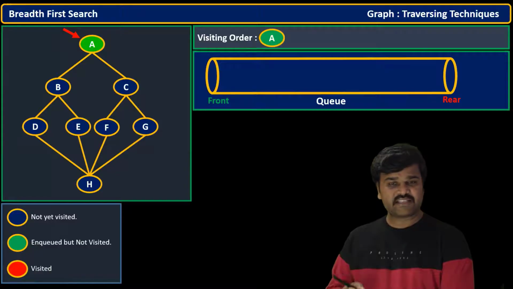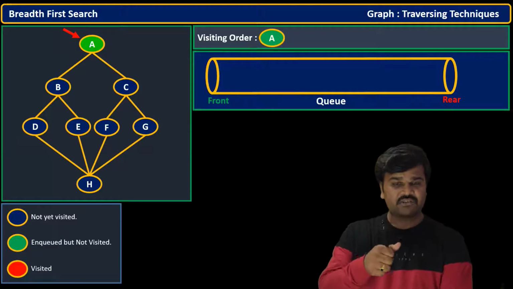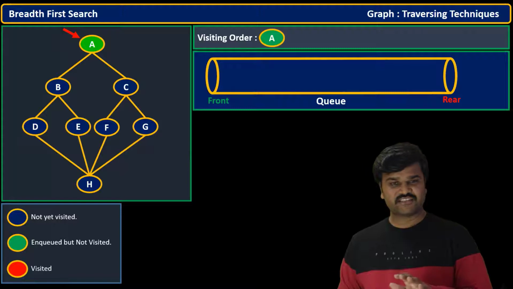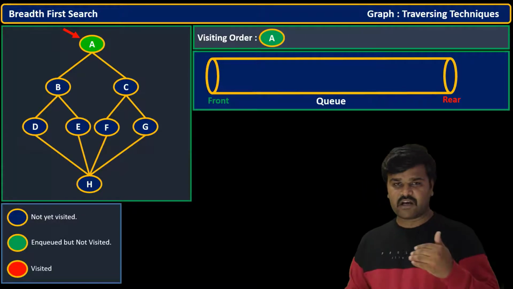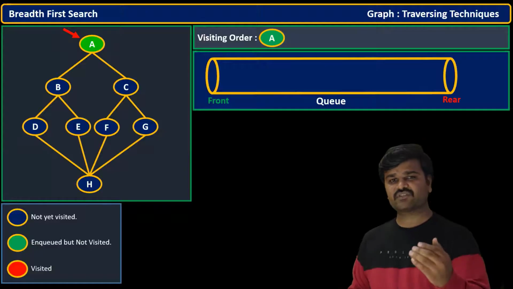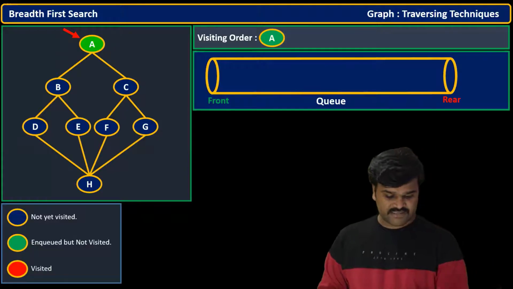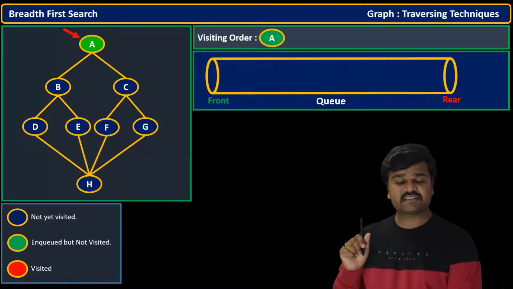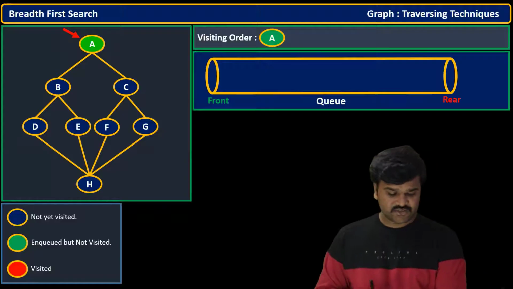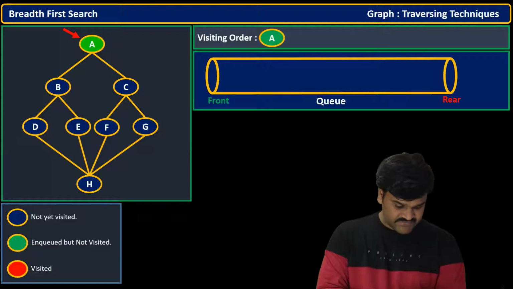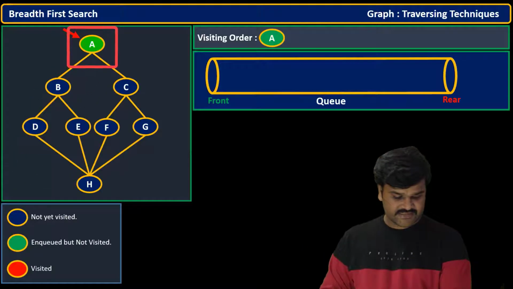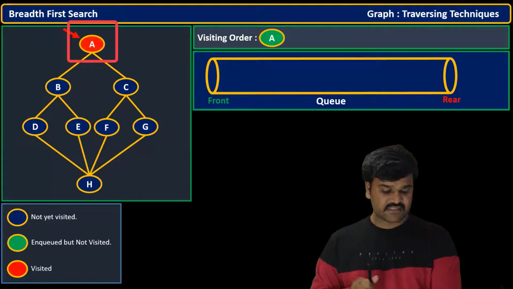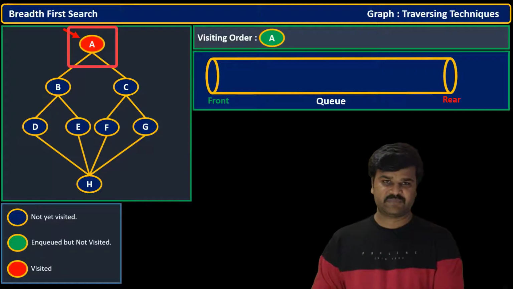So that vertex you have to visit. Whenever you perform the DQ operation, the vertex coming out from the queue is the vertex you have to visit next. That is why vertex A is visited. If any vertex is visited, we must change its color to red, right? So that is why we change the color of vertex A to red.